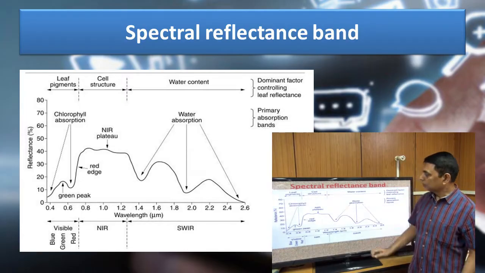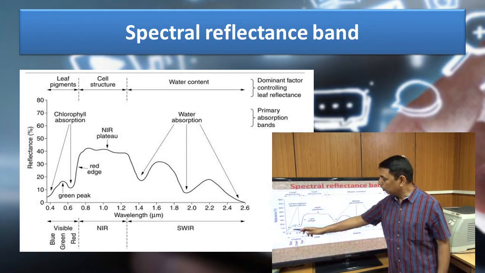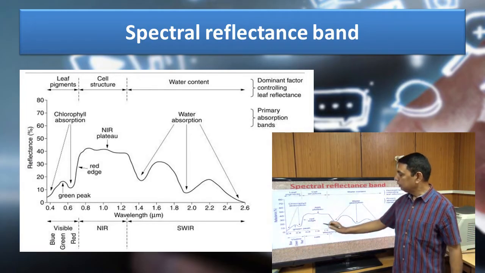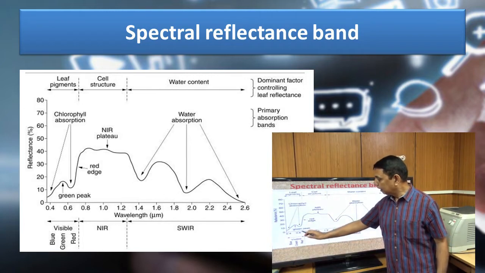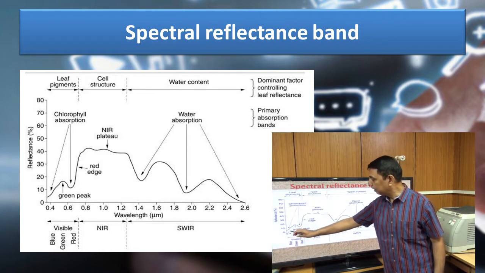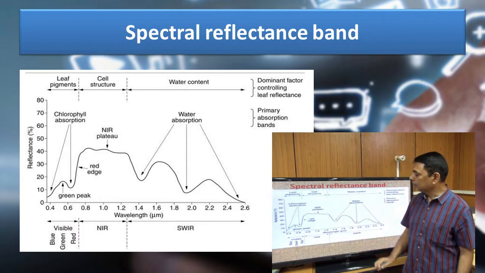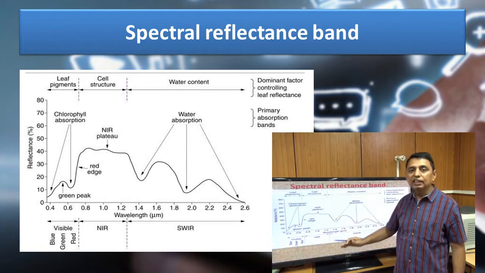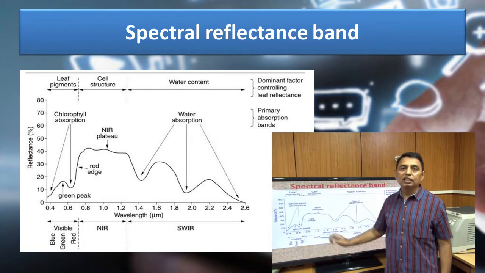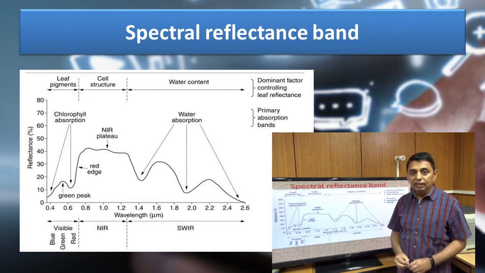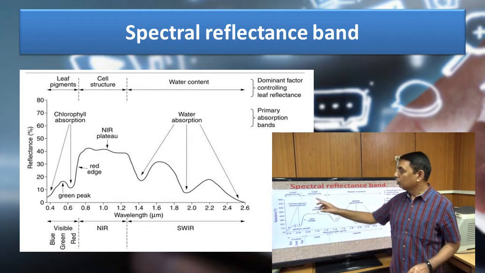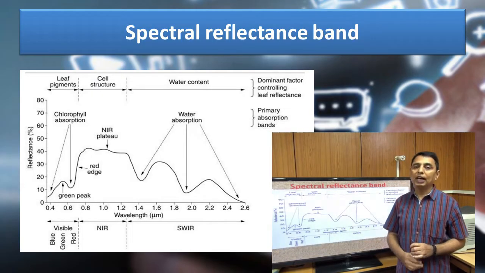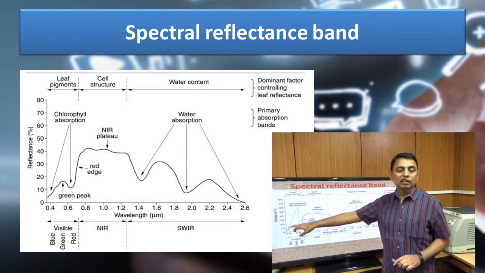Clearly we can see the chlorophyll absorption bands, these two wavelengths. On these wavelengths the reflectance percentage decreases, and this decrease denotes the chlorophyll absorption band. If chlorophyll content is high, then reflectance percentage in this range will be less.